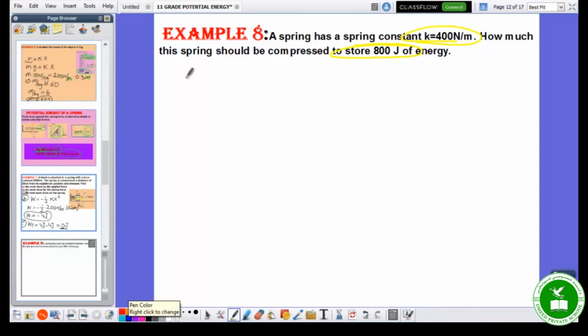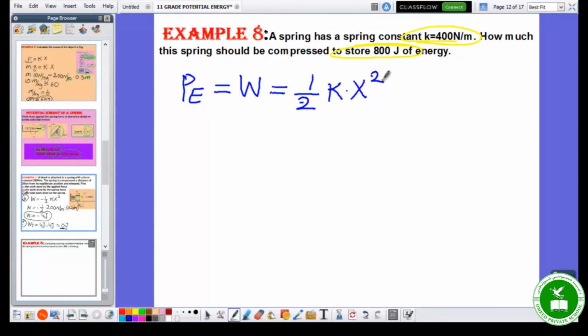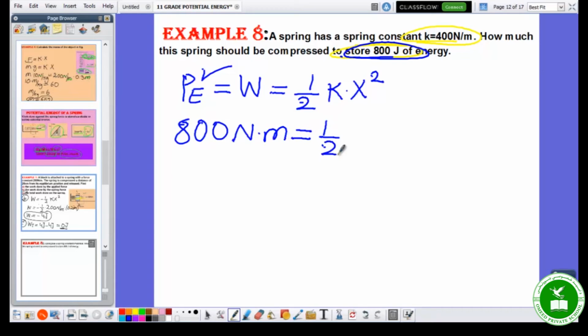Solution. We know potential energy of a spring is equal to work done, equal to 1 over 2 K into x square. You see this 800 is given here. Then 800 joule, meaning Newton times meter, equals 1 over 2 times K, K is 400 Newton per meter, into x square.